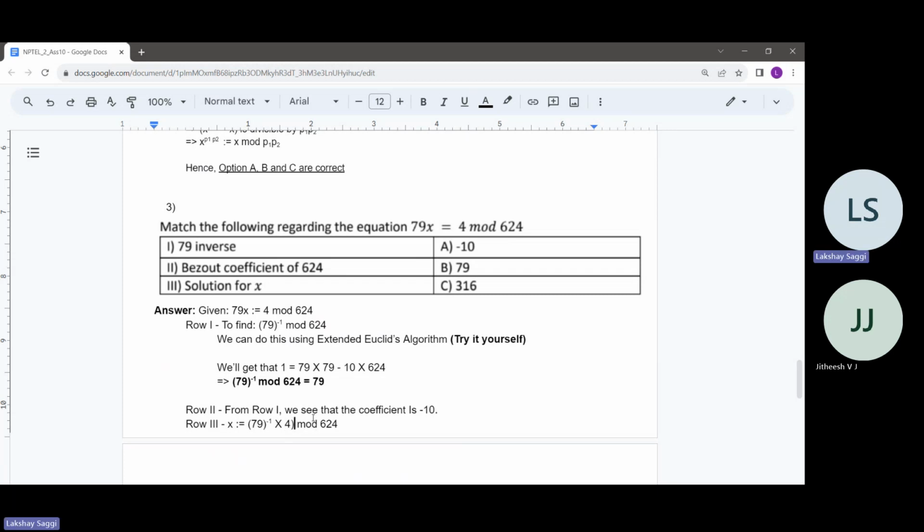We know that 79 inverse mod 624 is equal to 79 itself, which we obtained from row 1. So this can be replaced by 79 itself. So this will be congruent to 79 times 4 mod 624, and we get 79 times 4 equal to 316.